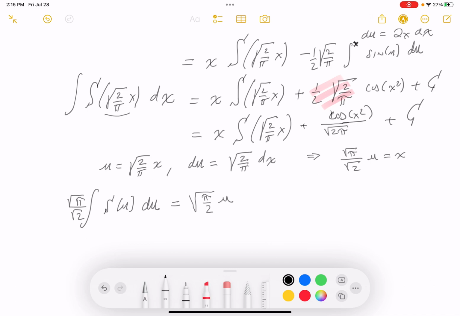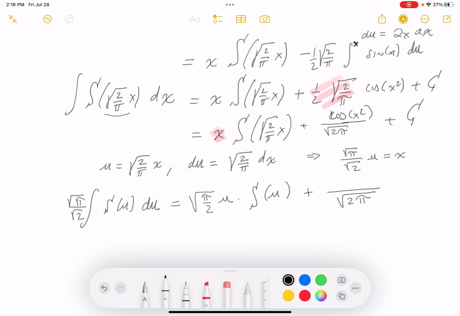U. If you wonder what I'm doing, I'm making a substitution here. Times S of u plus, kind of complicated, isn't it?